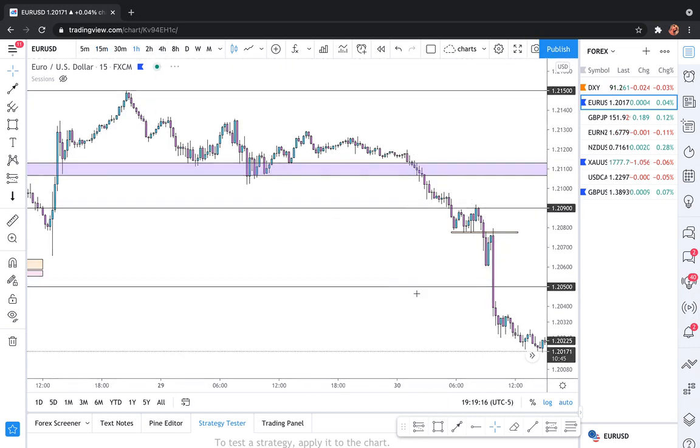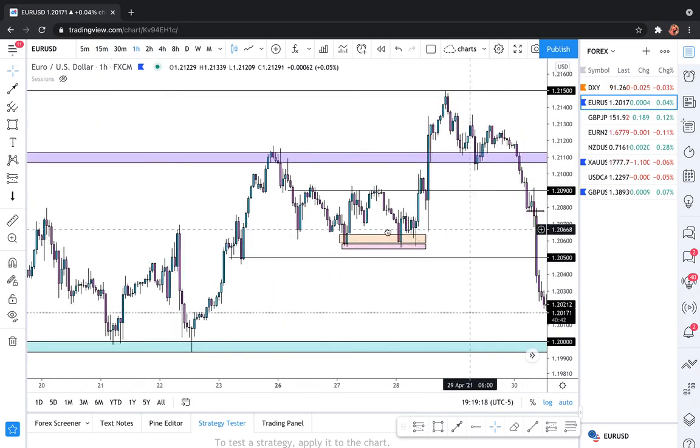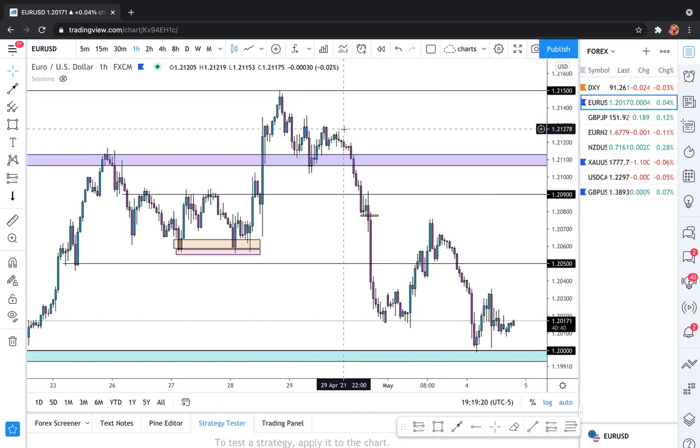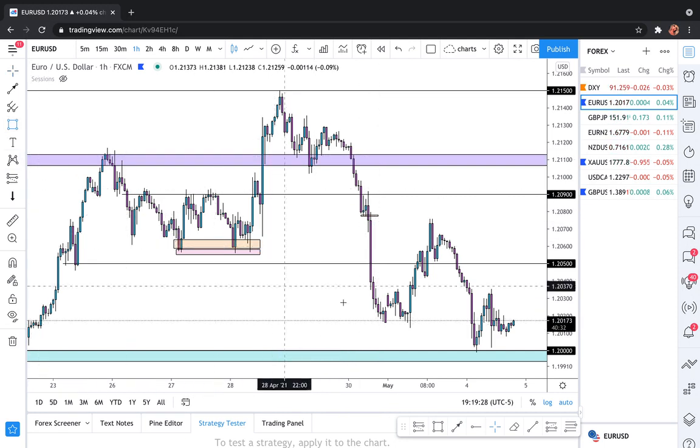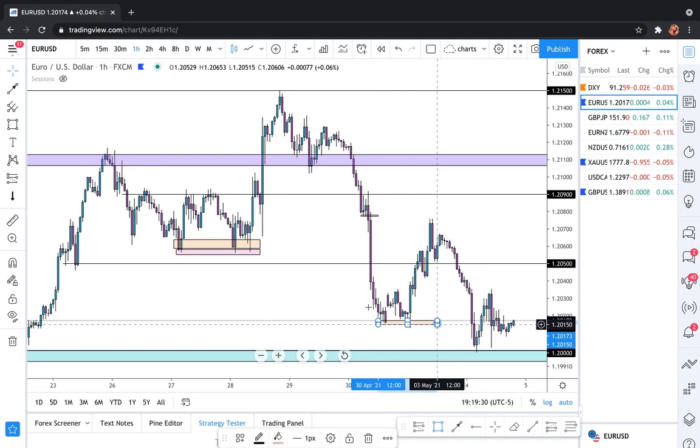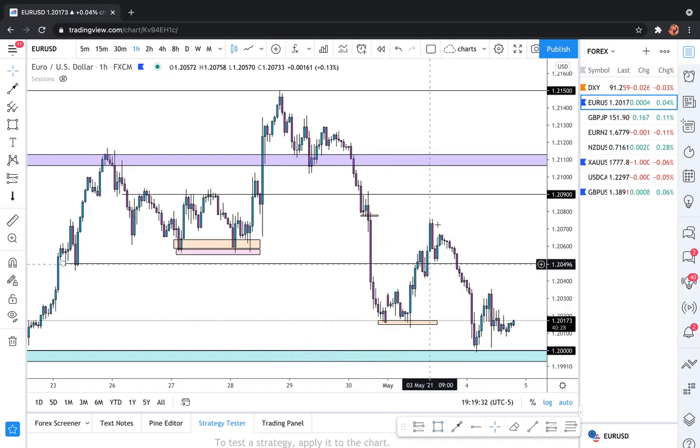So then going back to the 1 hour time frame, we ended up respecting 121.5, coming down, testing the 121, and then coming down again. It ended up respecting 121.50, ended up making a W, ended up correcting this price again, and then coming back down.